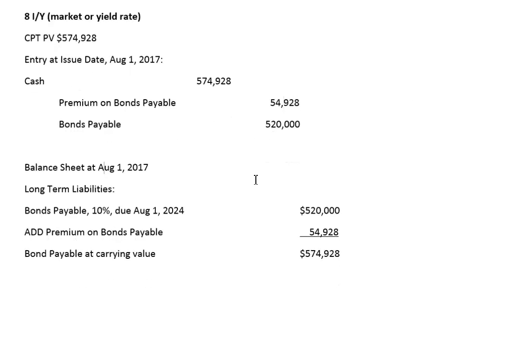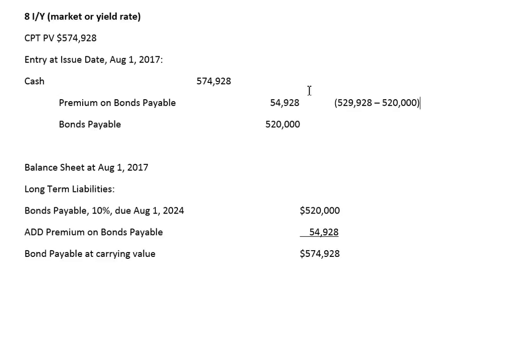So now, what do we have? At August the 1st on the balance sheet, we would have our bond payable in the long-term liability section of the balance sheet, 10% due August 1st, 2024 at its face value. But now we add the premium, which we know to be the difference between the carrying value of the bond at the issue date less the face value.